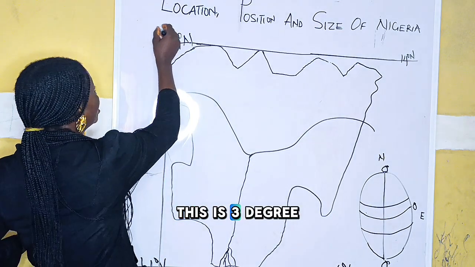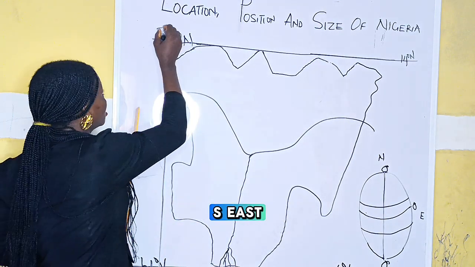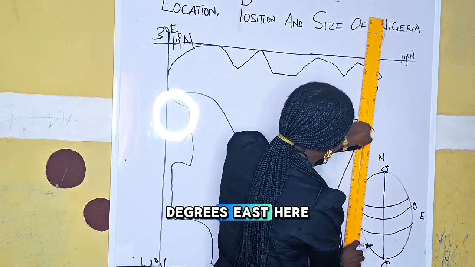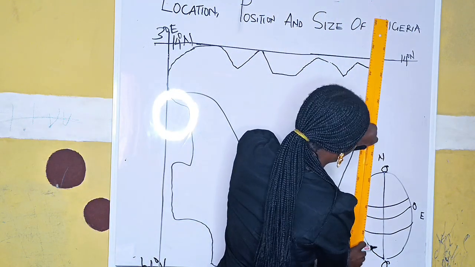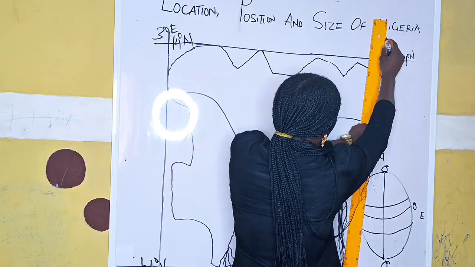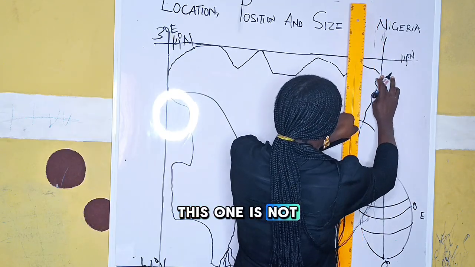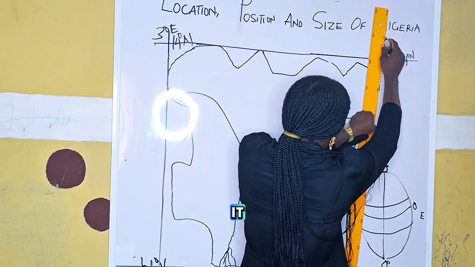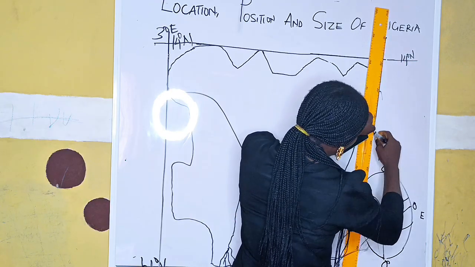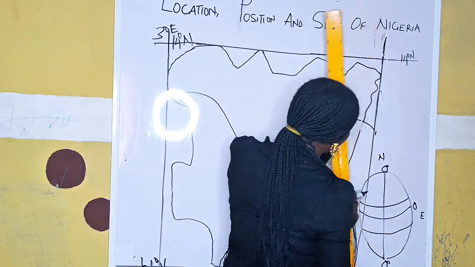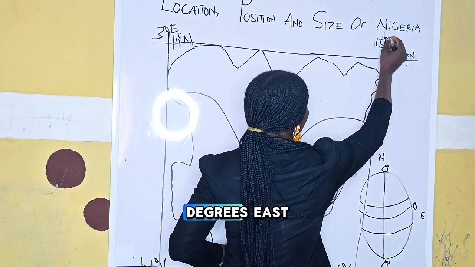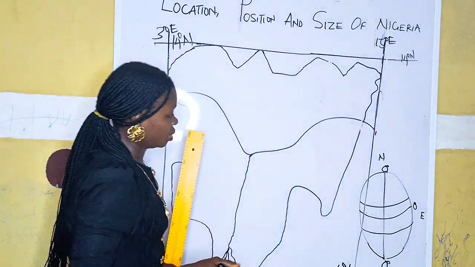So this is 3 degrees east and this is 15 degrees east here. This one is not correct. It has cut it, so it mustn't cut it. So this is 15 degrees east.